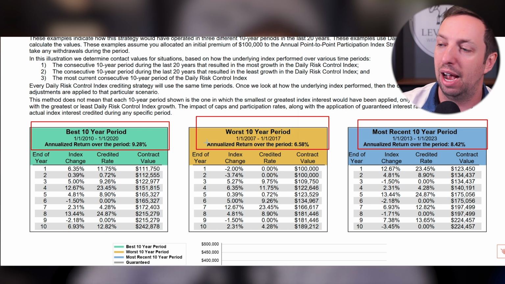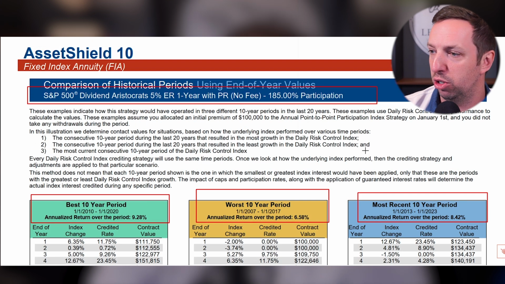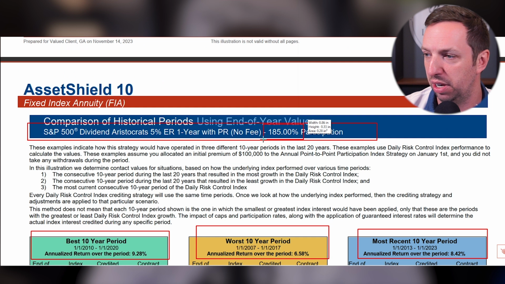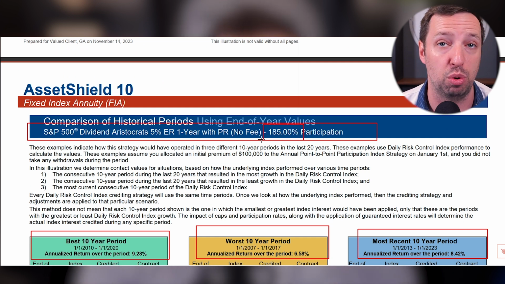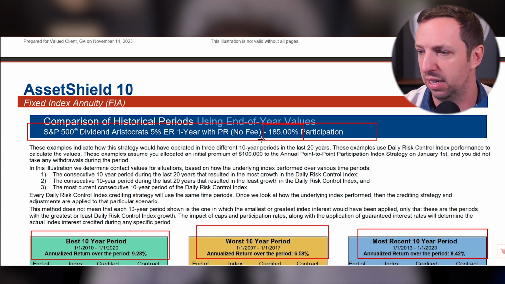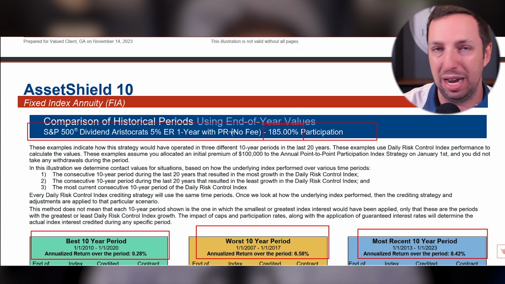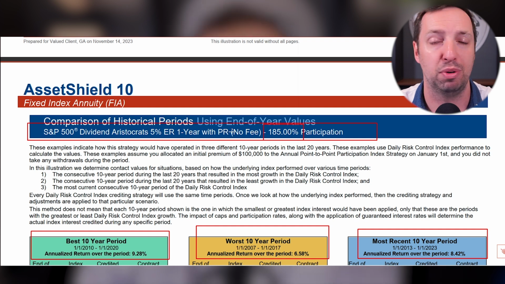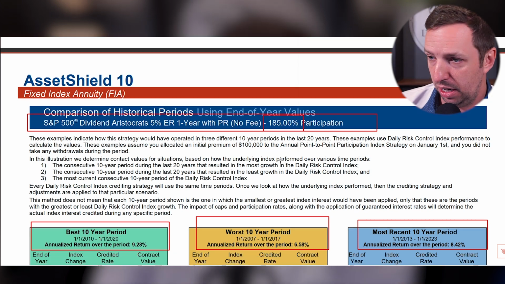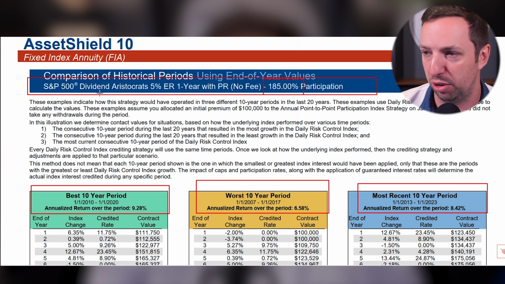Now, I will say this best, worst, and most recent is going to include this 185% participation, and what I'm quoting for you is the actual return of the index, which matters some, but again, it doesn't matter for the other index options that are showing you performance that didn't actually happen. At least here, this S&P 500 Dividend Aristocrats has been around since 2010.